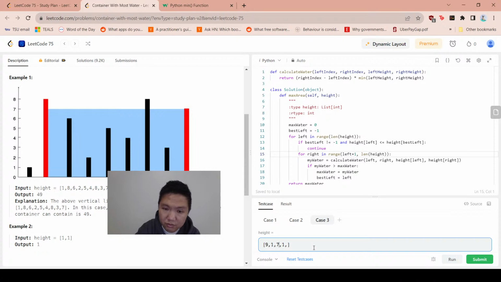Okay, so this one would have an extremely good speed up.